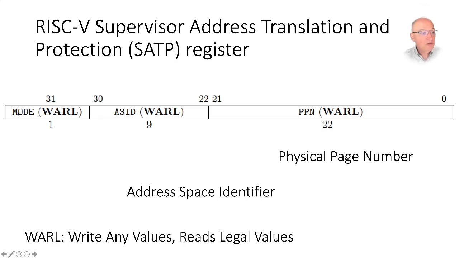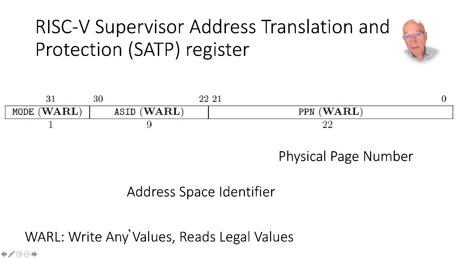The mode is a single bit that tells you how I do the translation. Basically, it says whether I use direct mapping to the page table or whether I'm using the radix-based page table. And all these fields are called WARL in RISC-V.